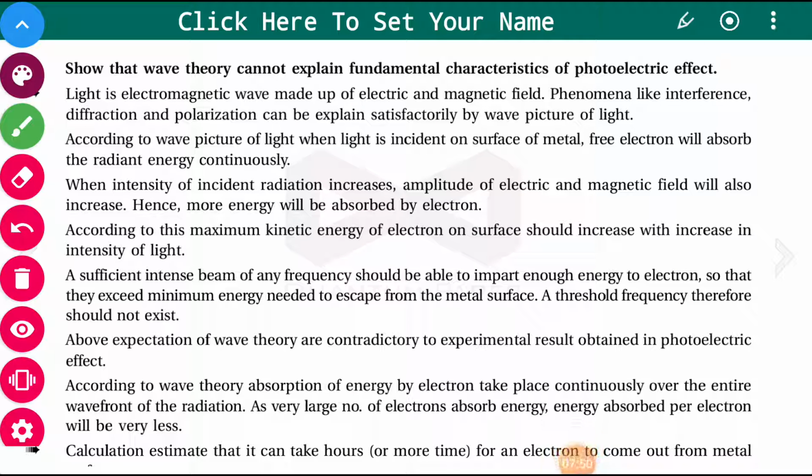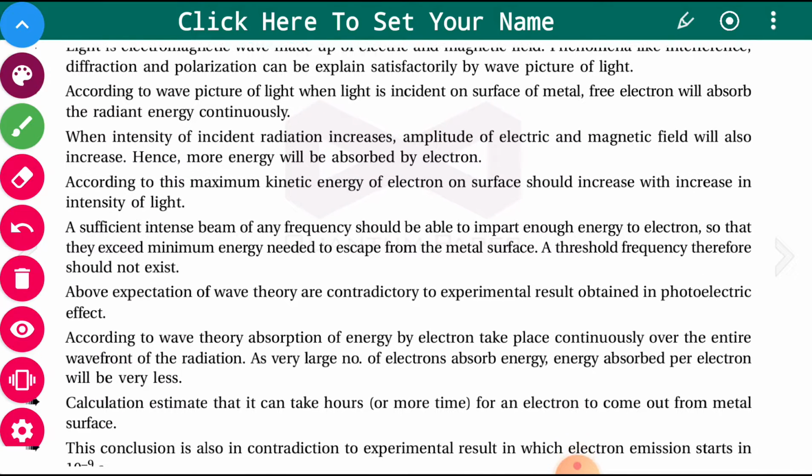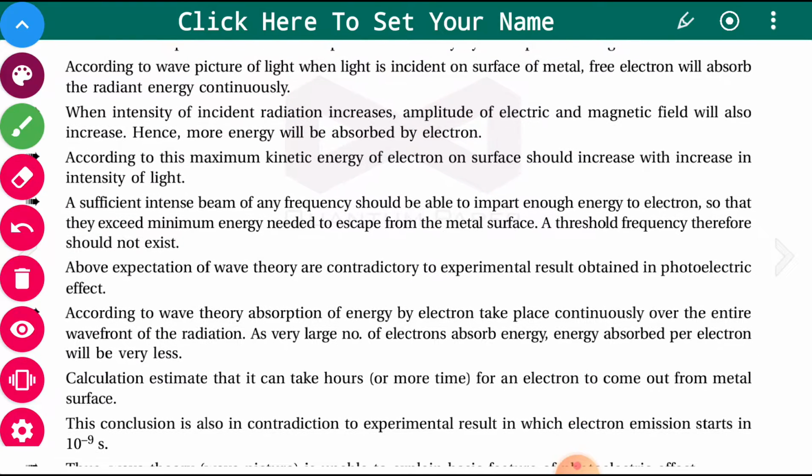Now see, our conventional wave theory cannot explain the fundamental characteristics of this photoelectric effect. How? We have light as an electromagnetic wave, made up of electric and magnetic fields. Phenomena like interference, diffraction and polarization can be explained satisfactorily with the help of this wave theory.